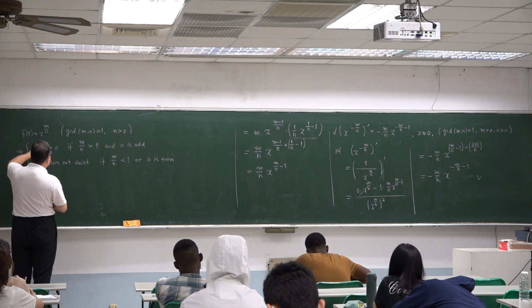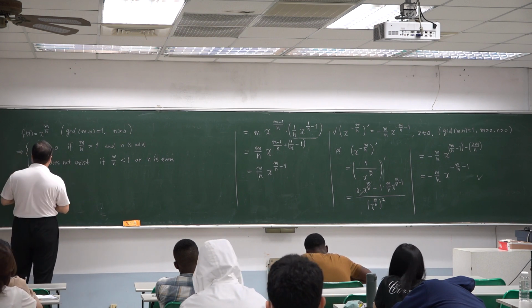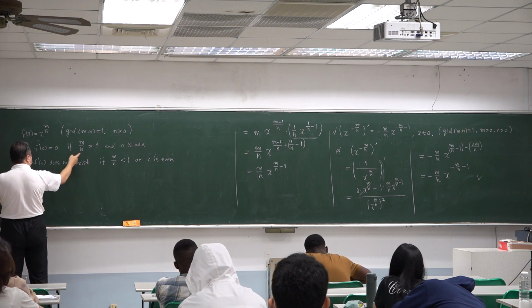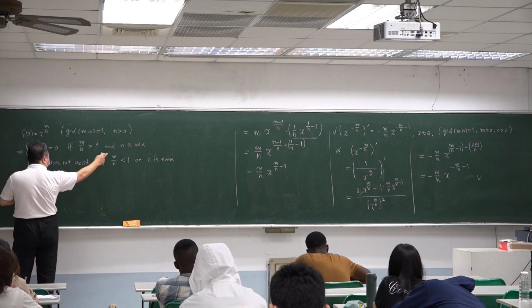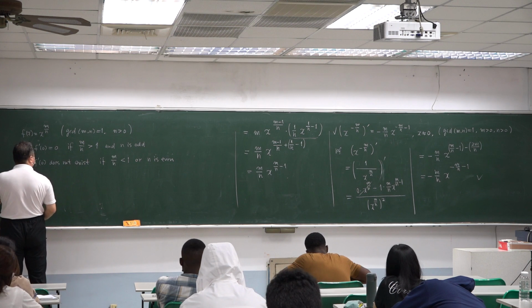For this function at 0, we consider if n is odd and m over n is positive.